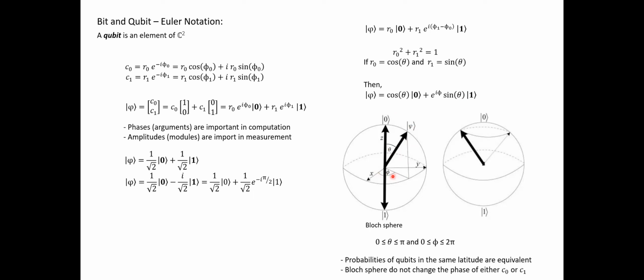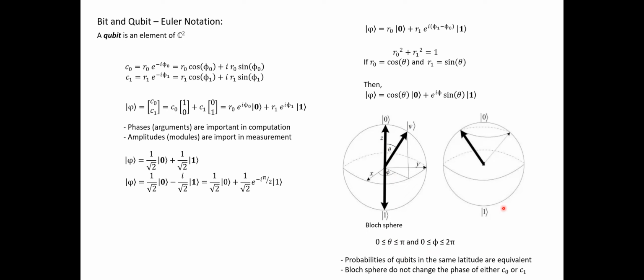This is quite useful because we can see how certain task or certain operation is changing the state of a qubit, either on the value of theta or the value of phi. So theta is defined from 0 to pi, and phi is defined from 0 to pi.